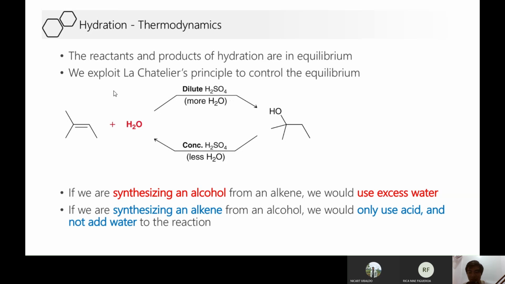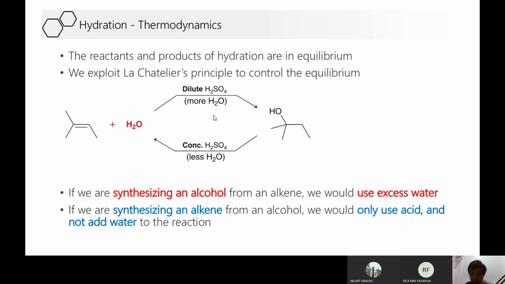So, depending on your experimental setup, your conditions, your reaction may undergo an addition reaction or it could also undergo an elimination reaction. If your acid is weak, meaning it is dilute, so there are few protons and a lot of water, then it is possible that the addition reaction happens.